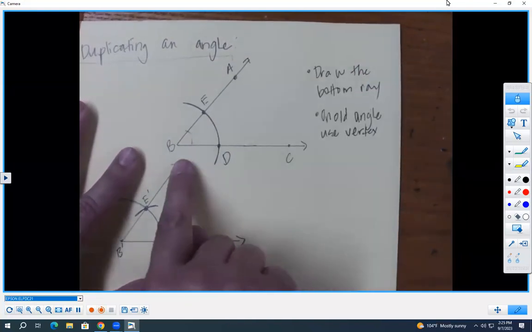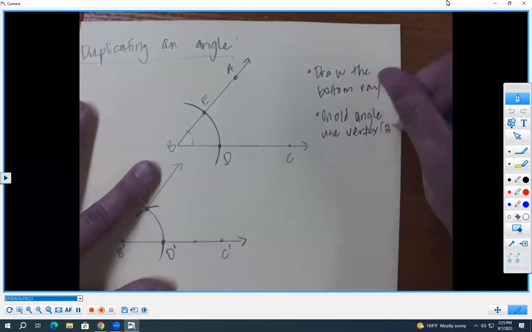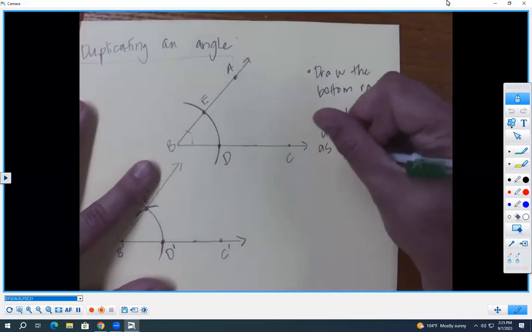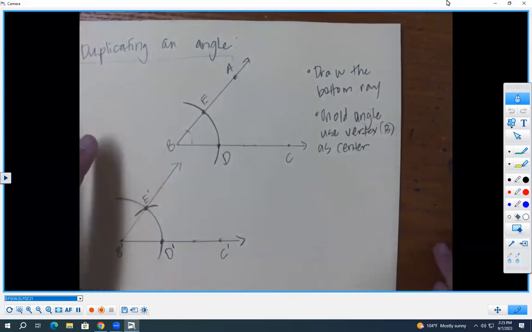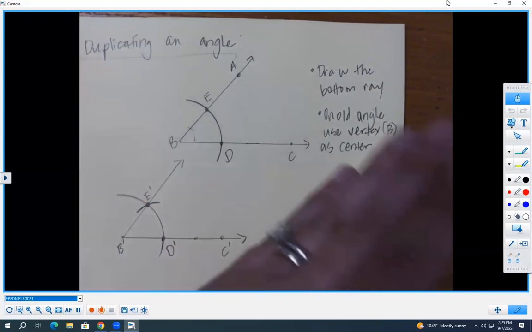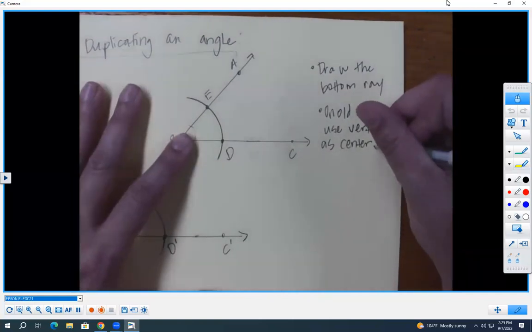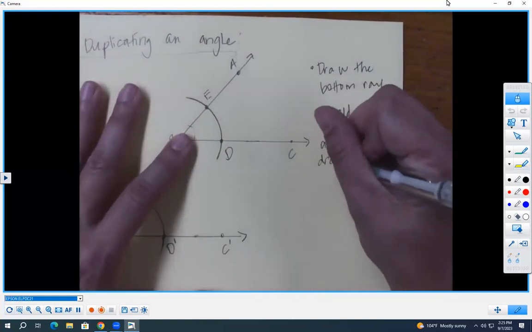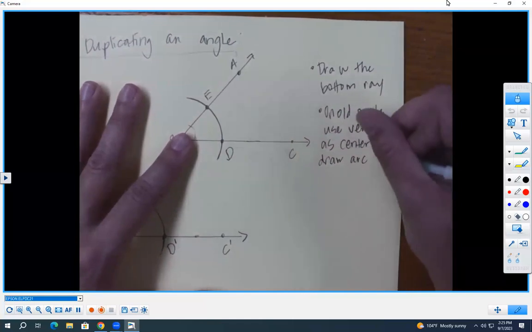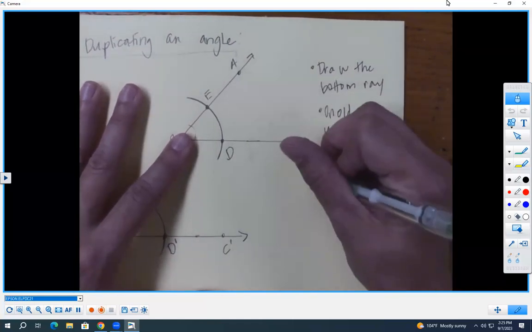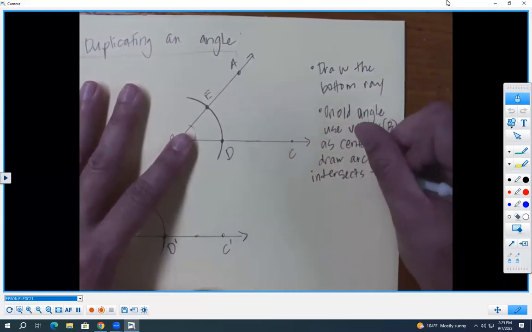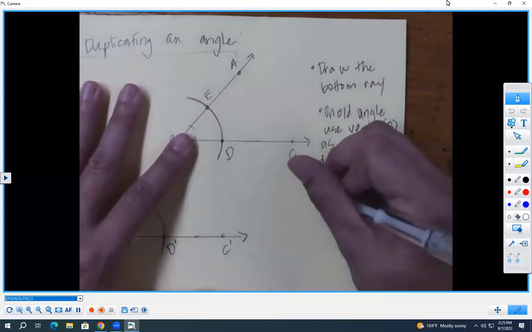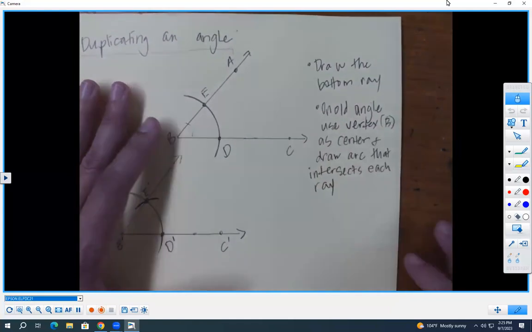In this case, it was B. So I'm gonna put B in parentheses as the center, and draw an arc that intersects each side. Each ray, how about that? That would be a better way to say it.